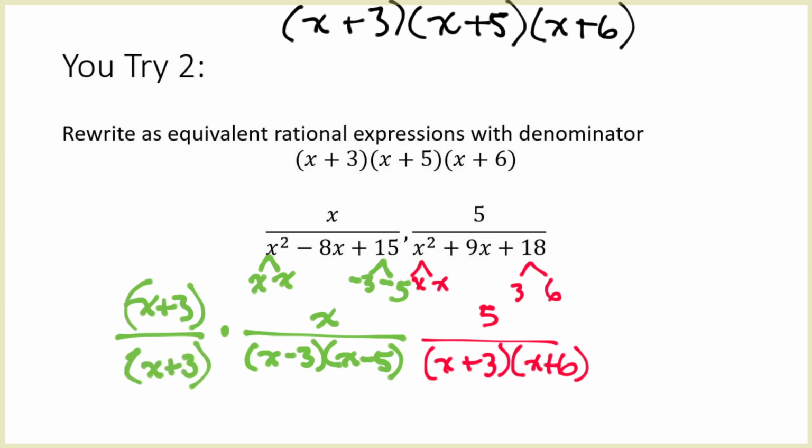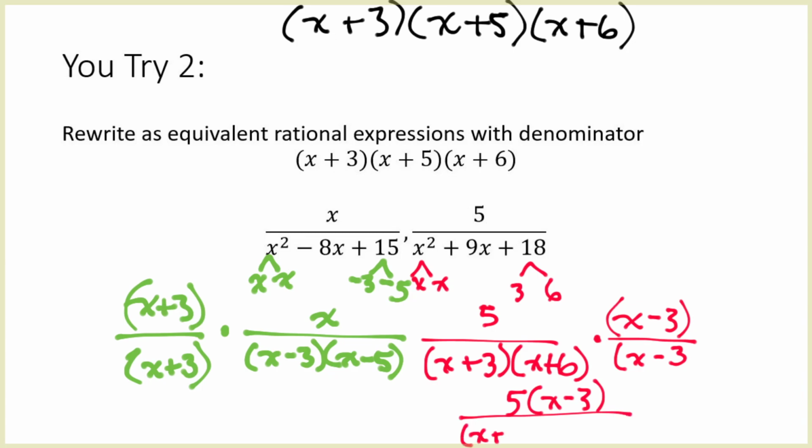So I'm going to multiply that to the top and the bottom. And this one on the right, it's missing an x minus 3. So I'm going to multiply that to the top and the bottom. So when I do that, that'll give me 5 times x minus 3 on the top over x plus 3 times x plus 6 times x minus 3.